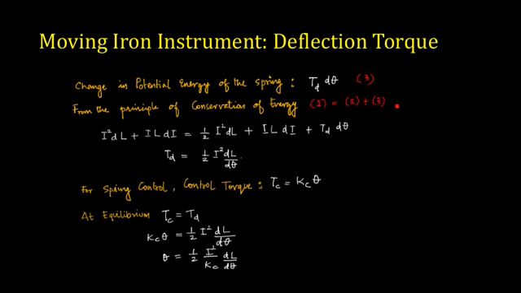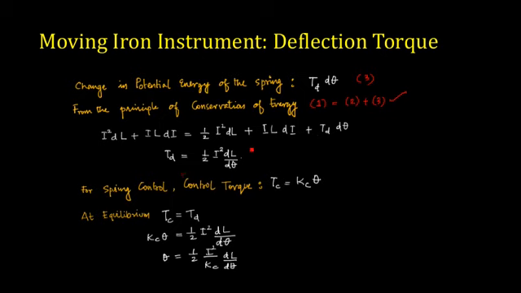Now from the principle of conservation of energy, you can write that the energy supplied will be equal to the energy stored in the coil plus the work done by the spring. So you are equating everything. I² dL plus IL dI is equal to the energy stored in the coil plus the potential energy of the spring, or the work done by the spring.